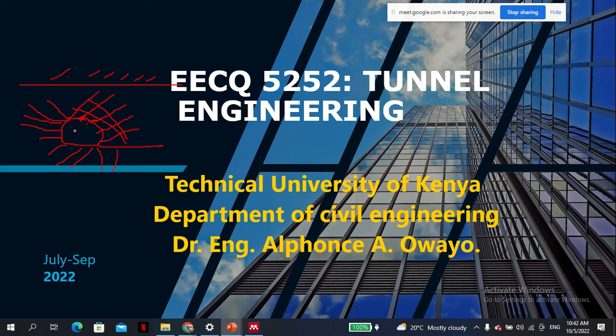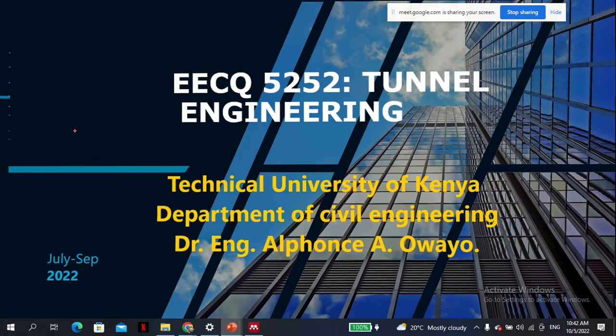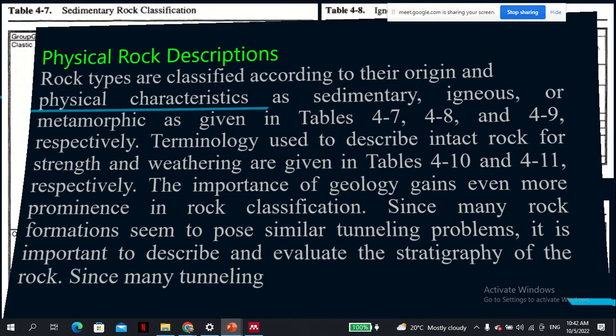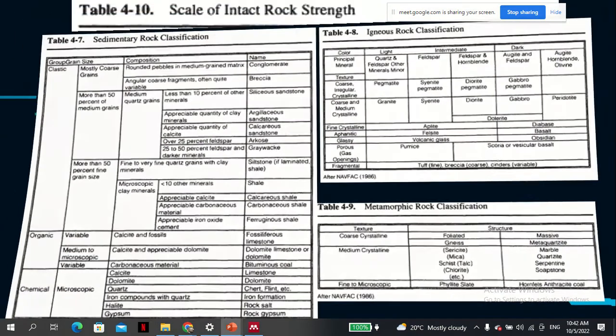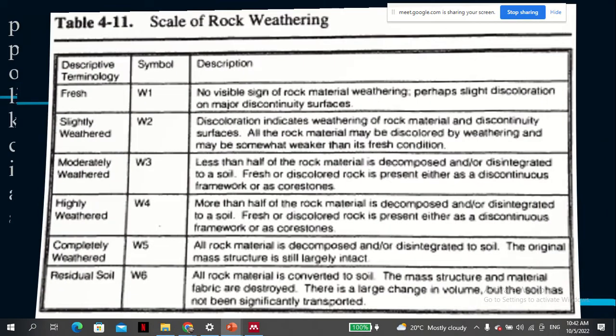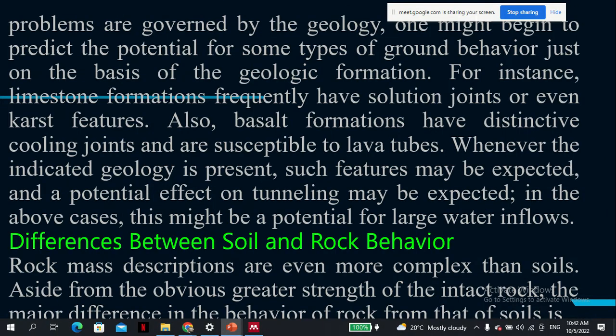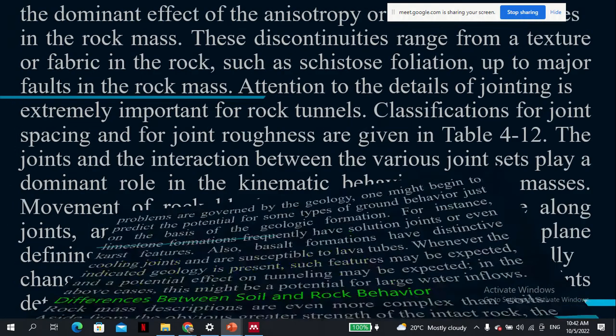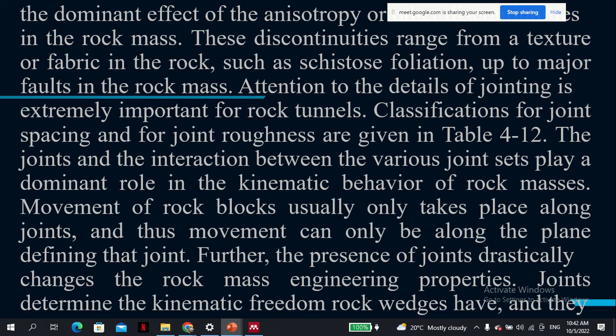So all these things affect the behavior of rock. Like we said, anisotropy influences the behavior of rocks strongly, more than the influence in soil.